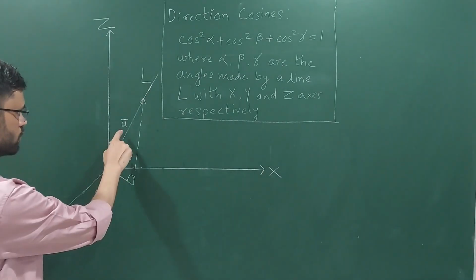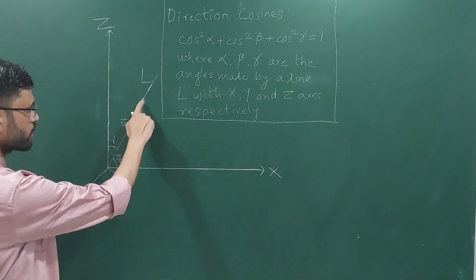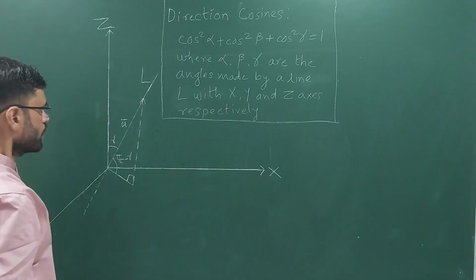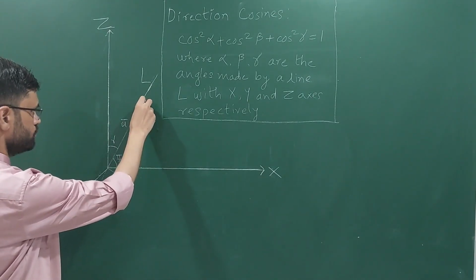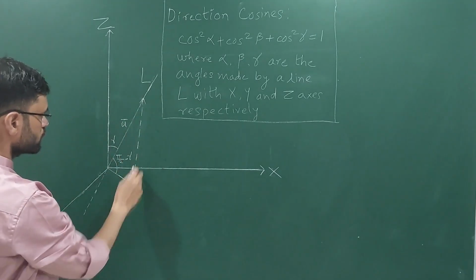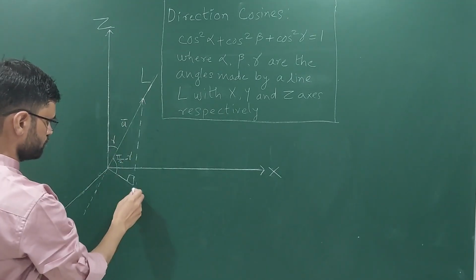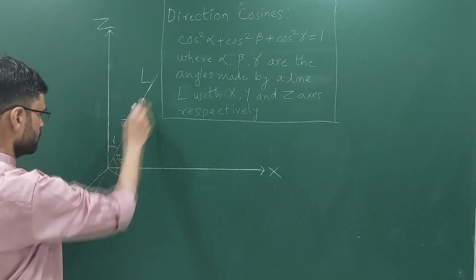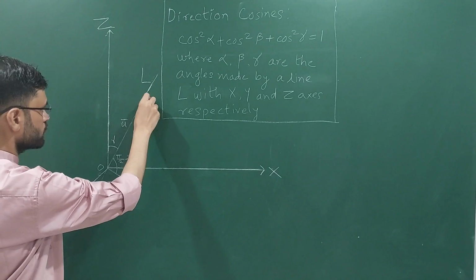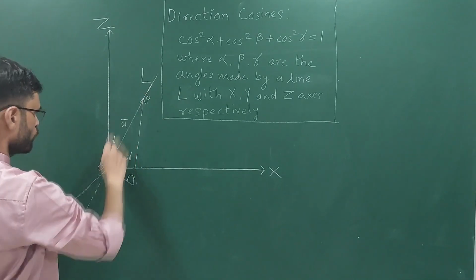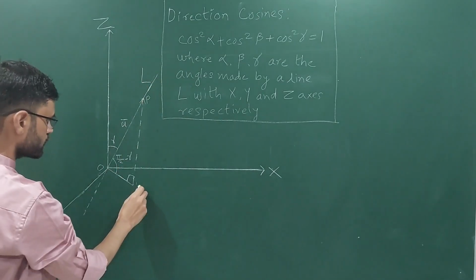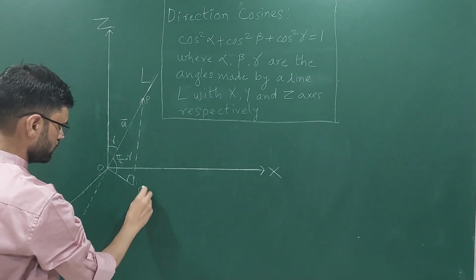Now here this vector u is the unit vector that lies along the line L. Let this be O, the origin, let this point be P, OP is the unit vector u along line L, and let this be R.